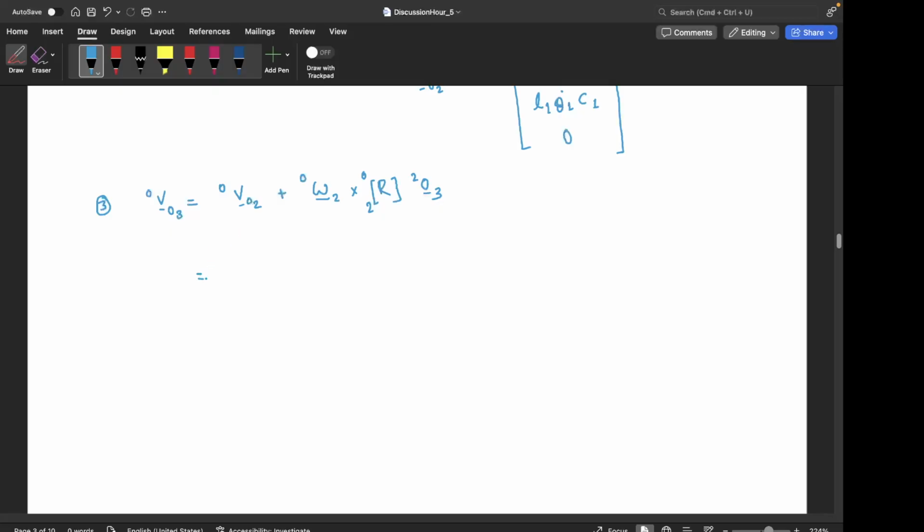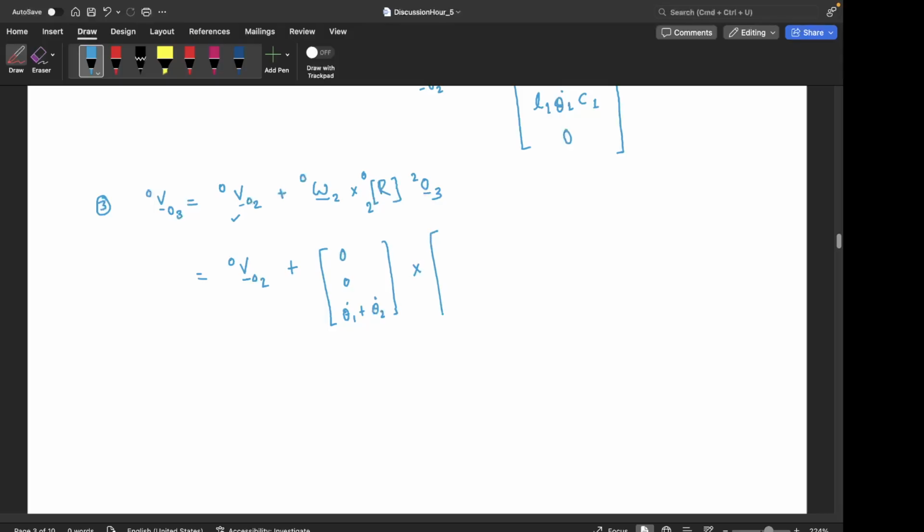So now we know this part, so I will just let it be for now and focus on the second term. Again, this part is known, so this is 0 0 and theta 1 dot plus theta 2 dot, since the two z axes are parallel, in the base frame.